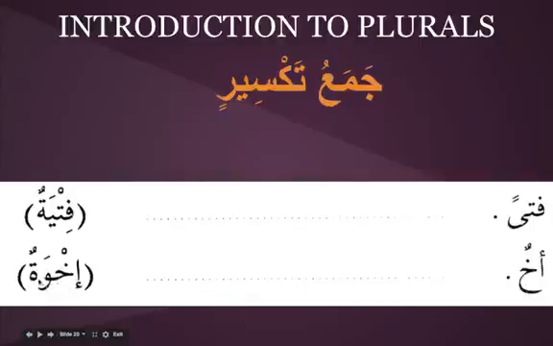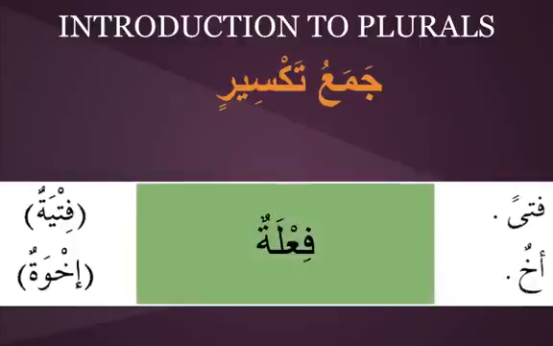You see ikhwatun ending with ta marbuta, but it means brothers, many brothers. This is how we know: the knowledge will tell us which word is feminine and which is masculine. Fityatun and ikhwatun are masculine plural words, for fatan, a young lad, and akhun, brother. The pattern is fi'latun.